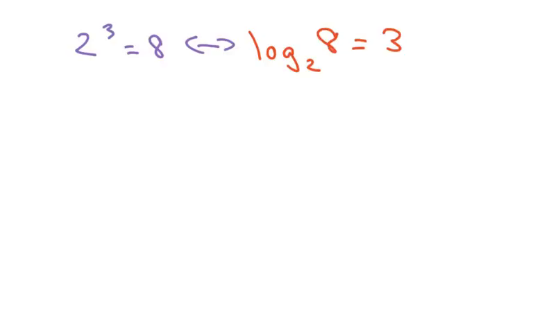We have 2 cubed equals 8. So we're going to write my base is 2, log base 2 of my value 8 equals 3. Okay, and let's do one with a fraction. 1/3 squared equals 1/9.